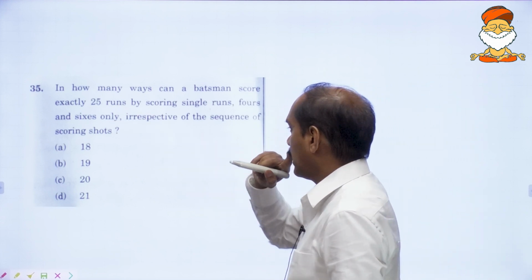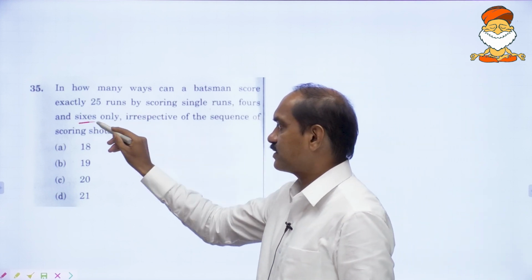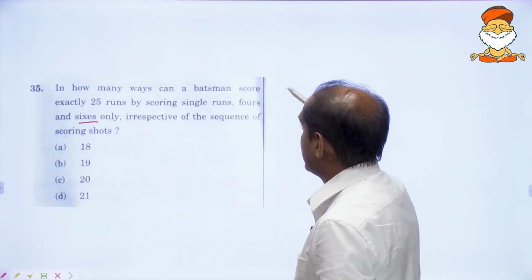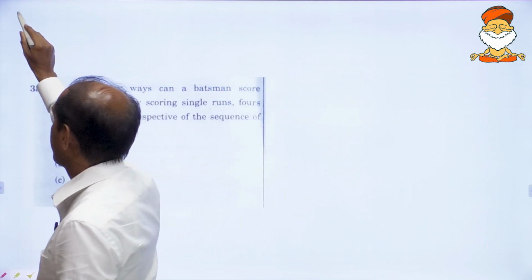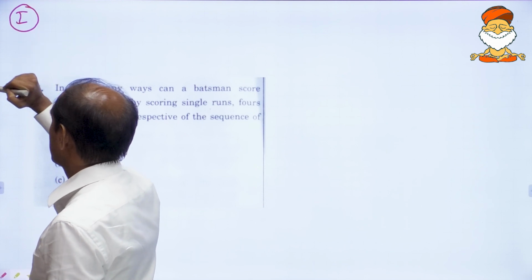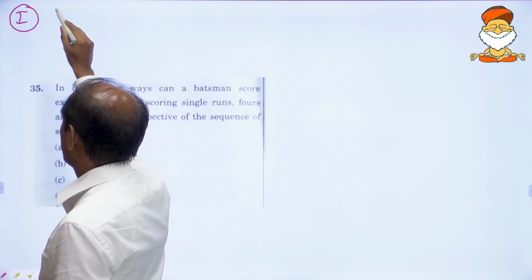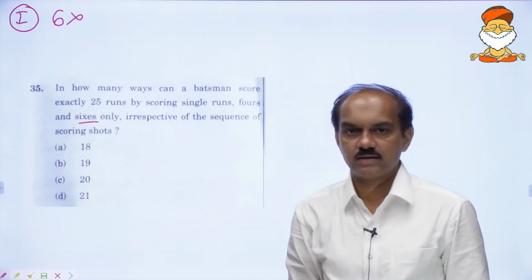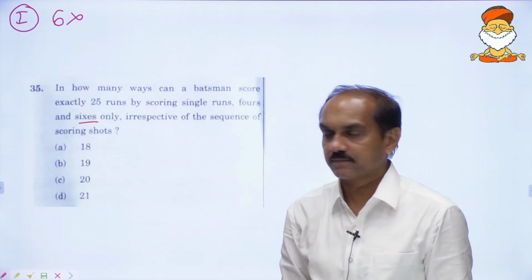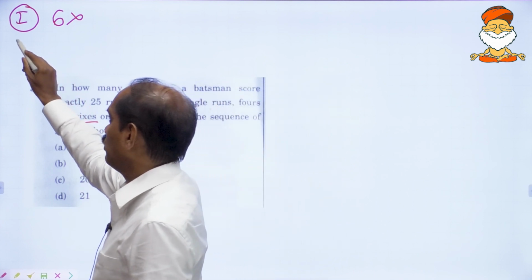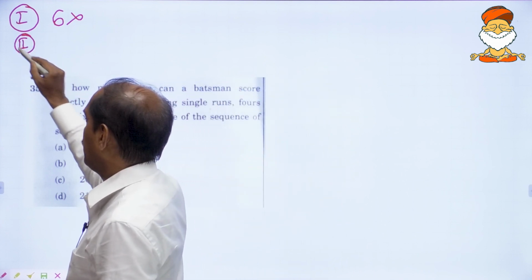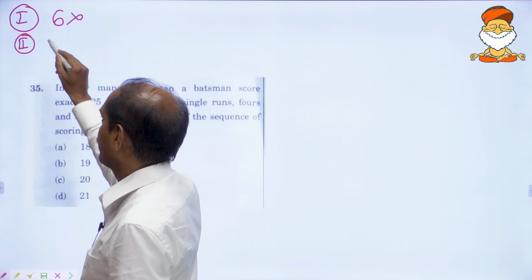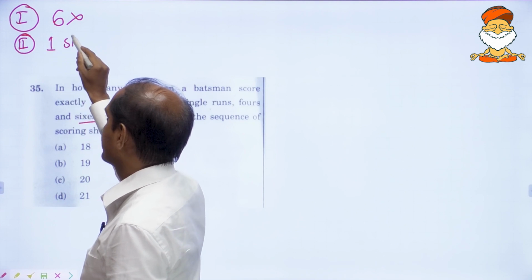25 runs, and he is talking about 6s also. Assuming in the first case a player has not hit any 6s. That is one case. Case number 2, a player has hit only 1 six.